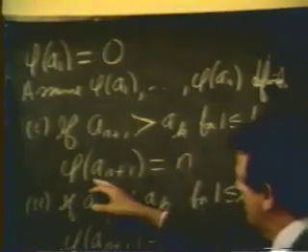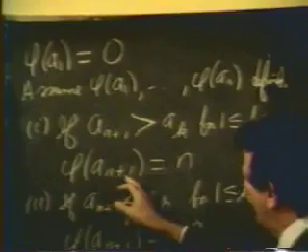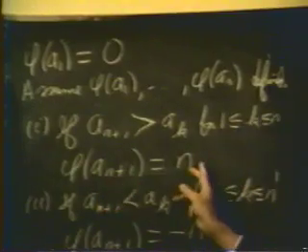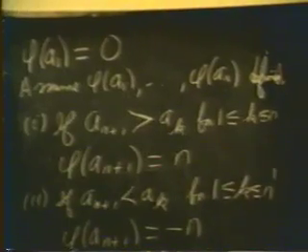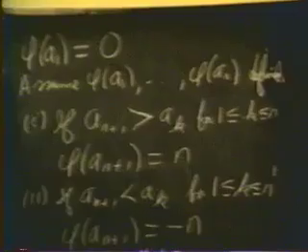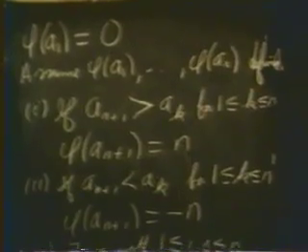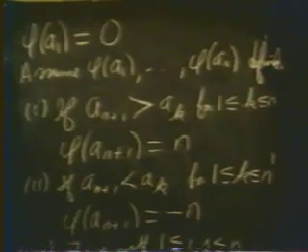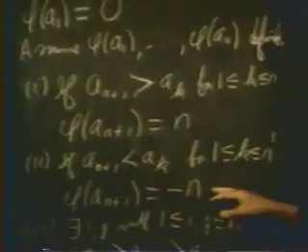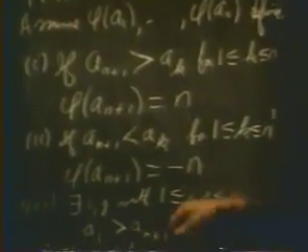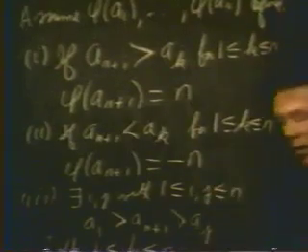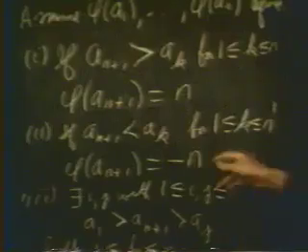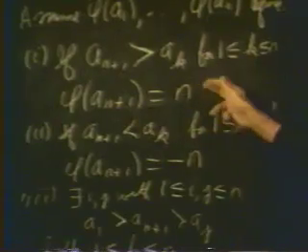We simply assign a sub n plus 1 the number n, as shown here. The corresponding case when a sub n plus 1 is below all the elements assigned numbers thus far is also simple. In that case, we just assign phi of a sub n plus 1 to be minus n. Notice that is a little crude. We could have some mixing there, but that certainly works. n in the first case, minus n in the second case.